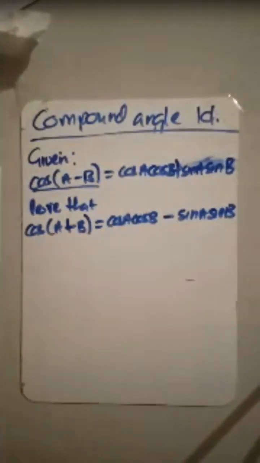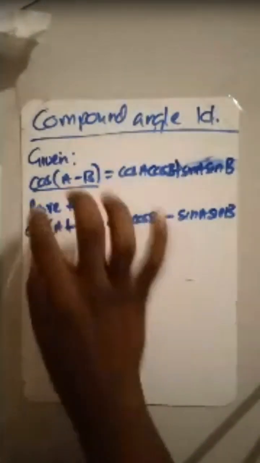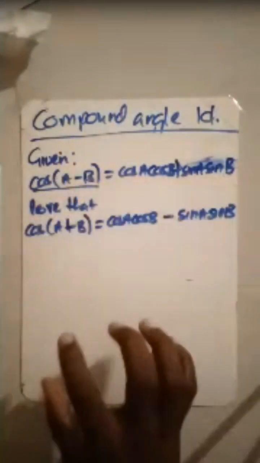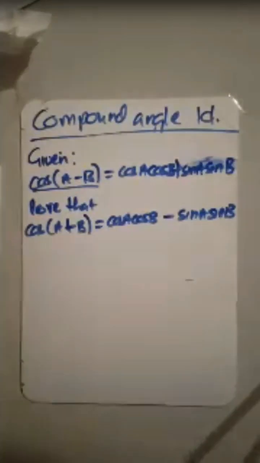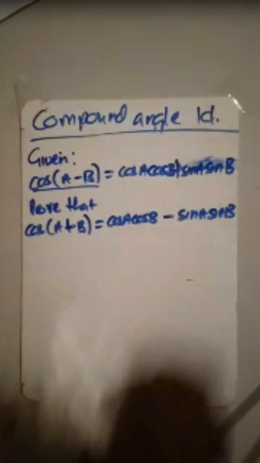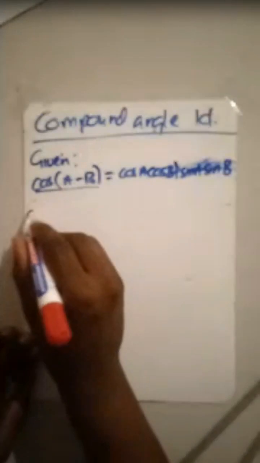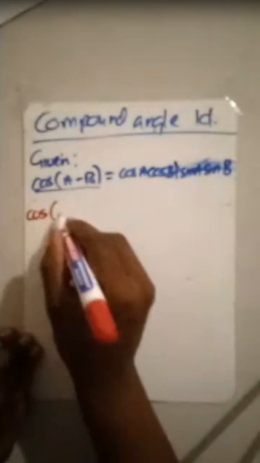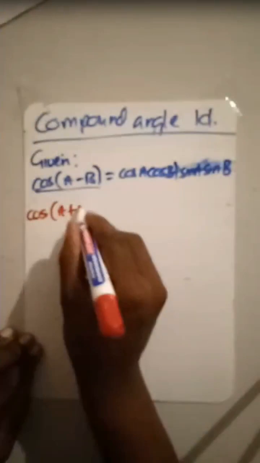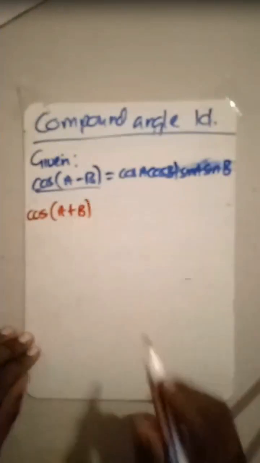Okay? So what am I going to do? I'm going to wrap this part here, then I will continue from there. Okay? So we want to prove the identity of cos(A plus B).